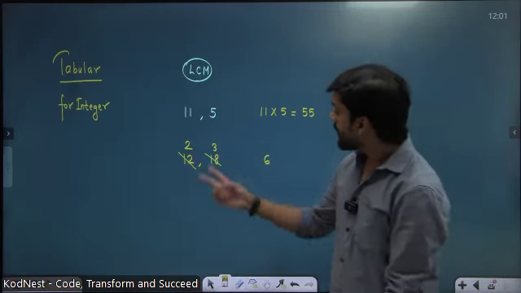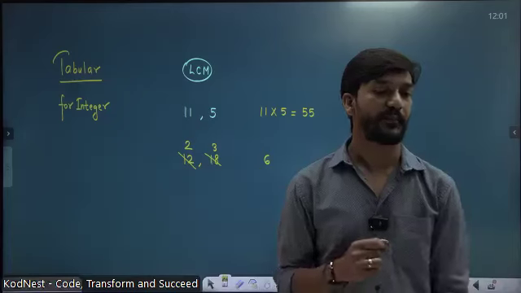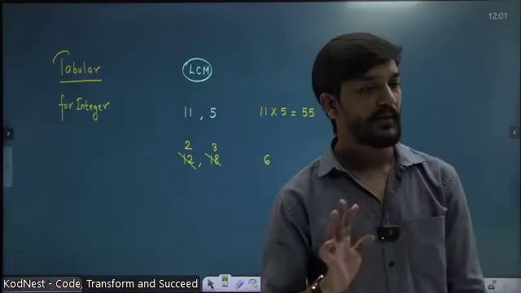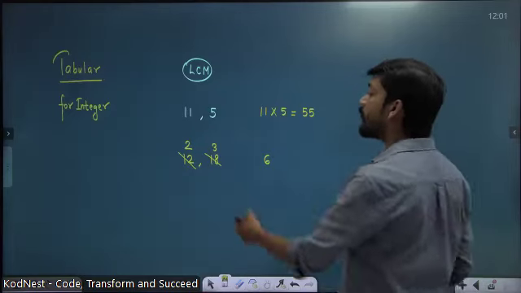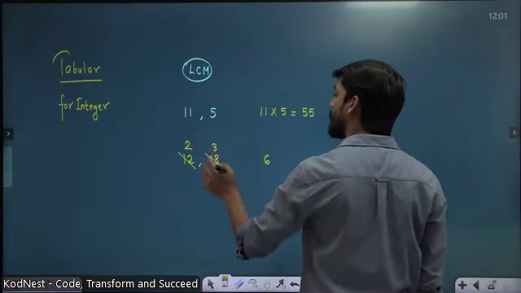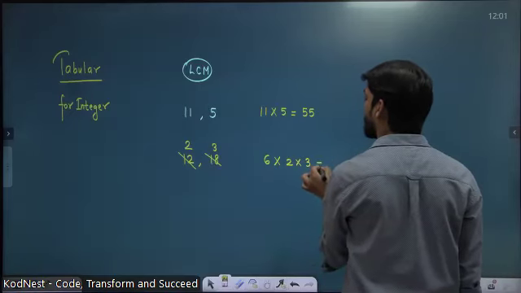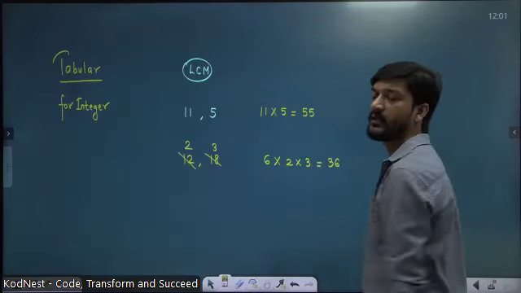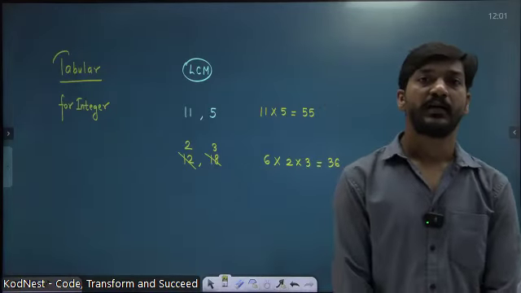Now, anything else which is common, 2 and 3? No. So I have taken the highest common factor outside. What remains is 2 and 3. Nothing is common, so multiply 2 and 3. Get your answer, 36. So there also we were getting 36 as LCM.